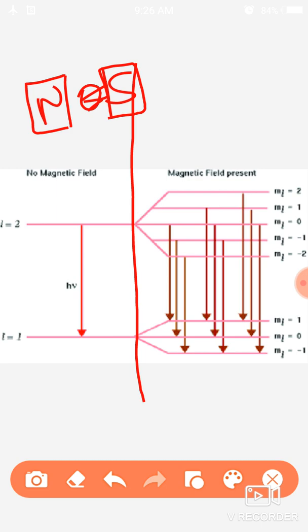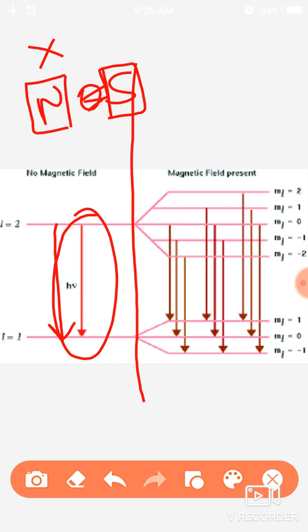When no magnetic field is applied, only one energy level is available, so only one photon of a single frequency is emitted.